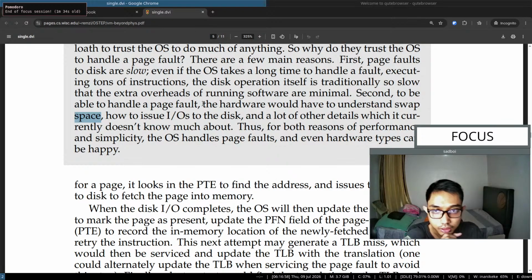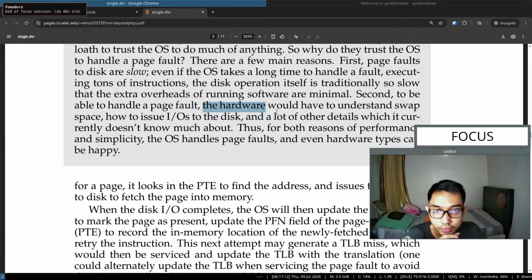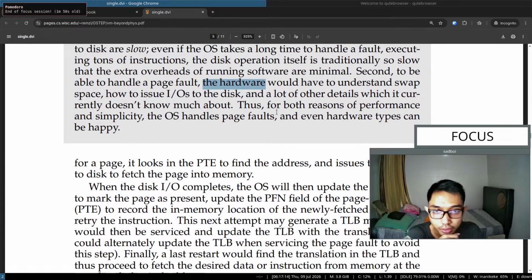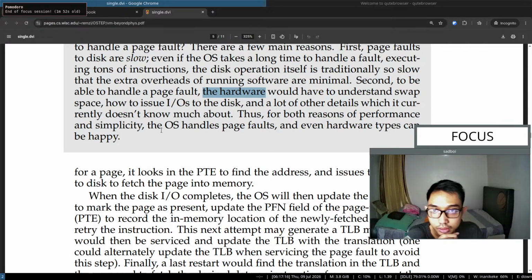And just let the operating system handle the page fault. The hardware just needs to raise an exception if it cannot find the page or something like that. So I kind of understand the simplicity aspect of it, but I'm not sure about the performance.